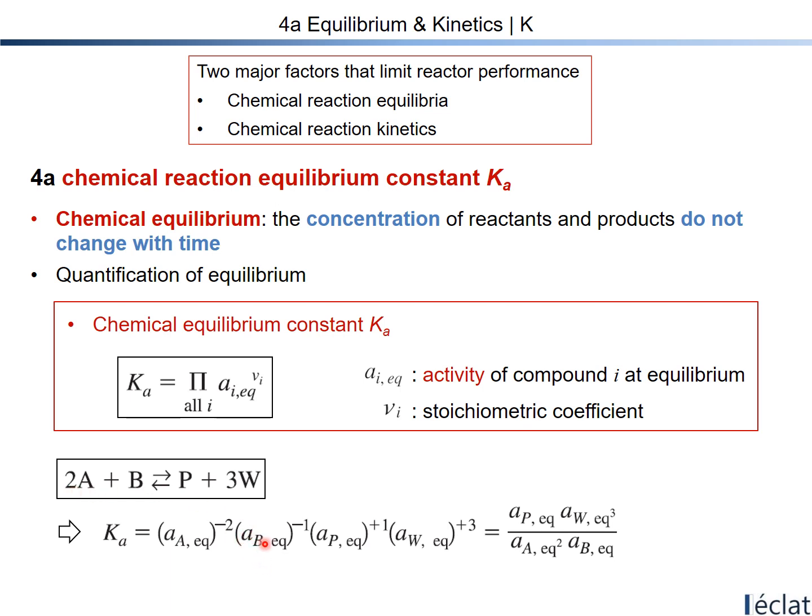Activity of B at equilibrium to the minus 1. Then how about P? Plus 1. How about W? Plus 3. So finally we could obtain this description of the equilibrium constant K of activities for this chemical reaction equation.